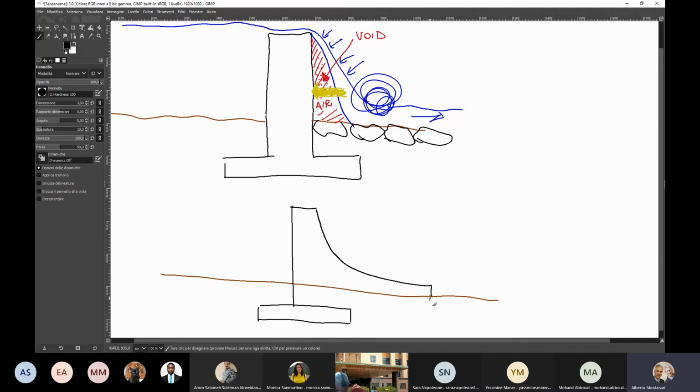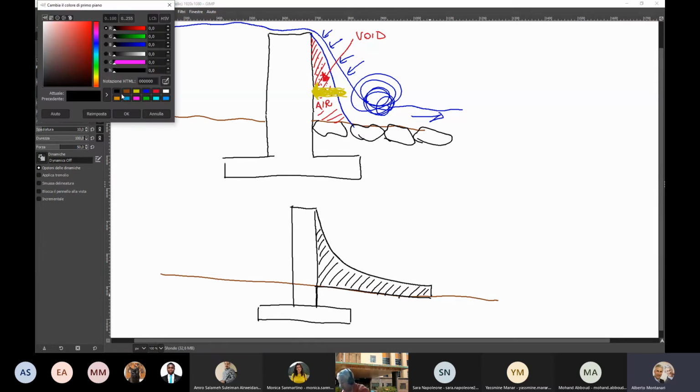Up to here, and then again here. Okay, so there is this part which is added. Instead of putting boulders to protect from erosion, we create a kind of shaped form that accompanies water downstream.